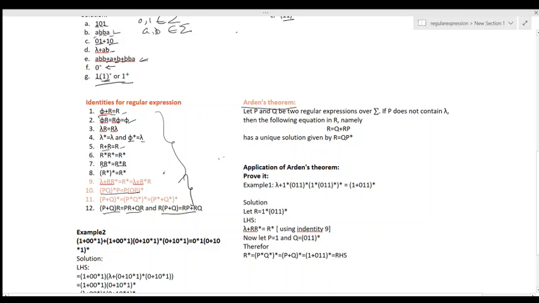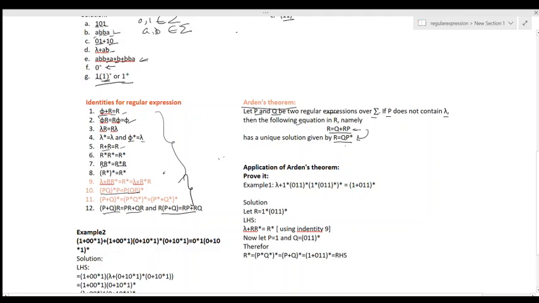The statement is that if P and Q are two regular expressions over sigma, and P does not contain lambda, then the equation R equals Q plus RP has a unique solution R equals QP star. So this is the equation and its solution is R equals QP star.